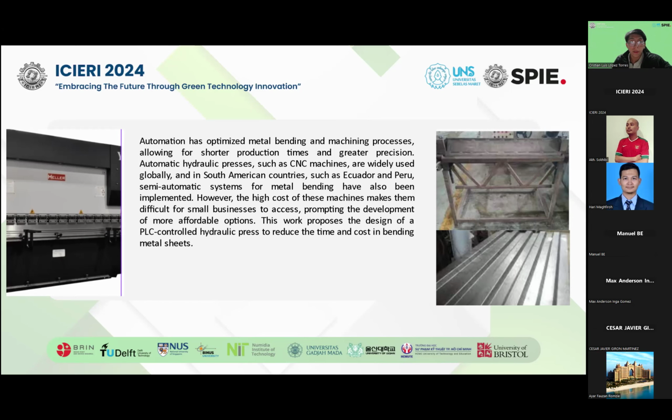Our objective here is to offer an affordable yet effective solution for these companies. This folding machine is designed to increase production efficiency and reduce manual labor, helping small businesses stay competitive.